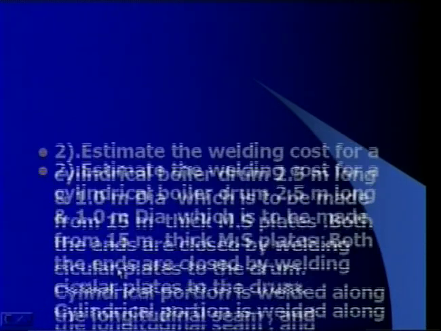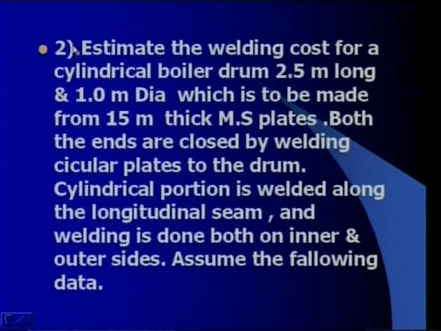Let us go for the second problem, which is very interesting and useful for your understanding. Second one: estimate the welding cost for a cylindrical boiler drum 2.5 meters long and 1 meter diameter, which is to be made from 1.5 mm thick MS plates, with both circular plates welded to the drum.